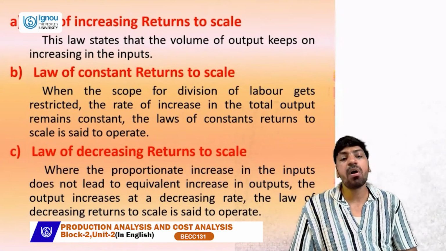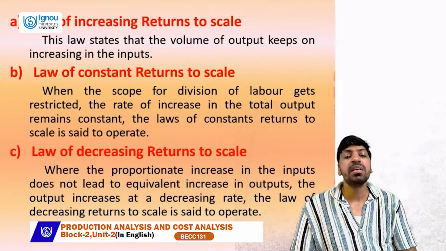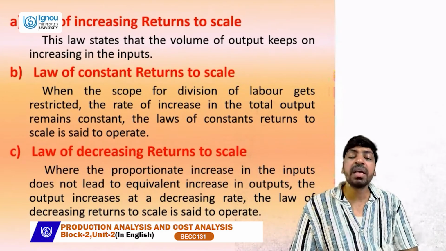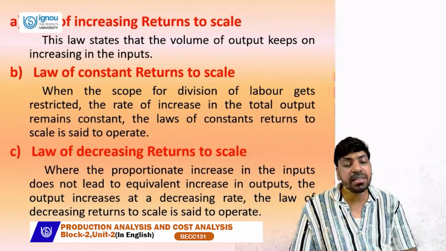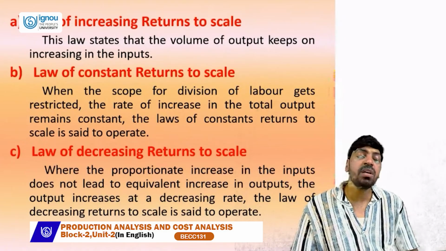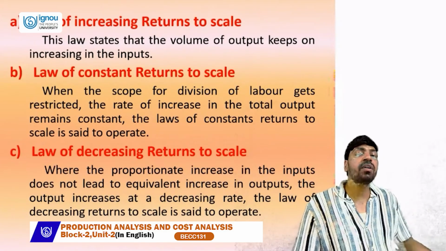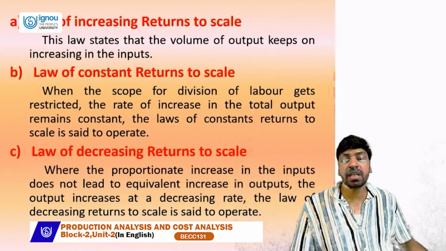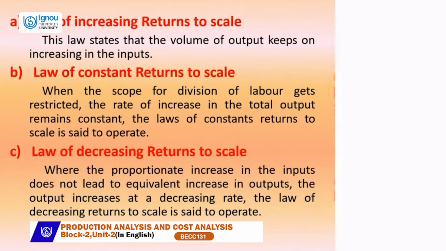So if the output increases at a decreasing rate, that's called the law of decreasing returns. That's true, as you see in the law of variable proportion, which was taught to you the day before in the sessions.